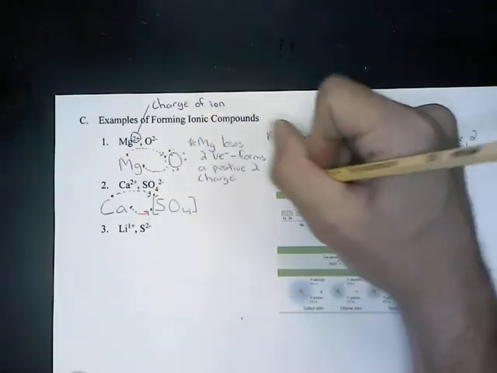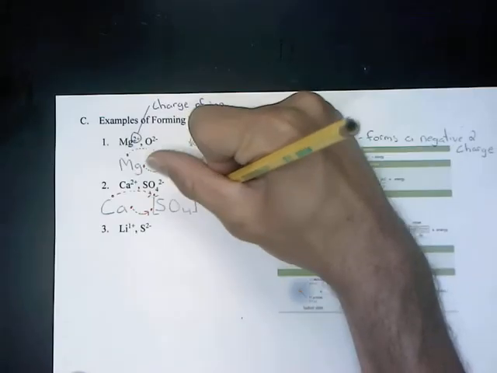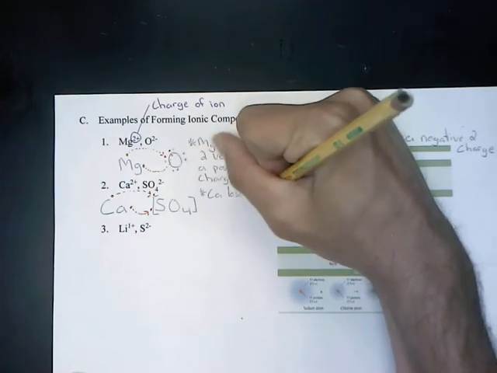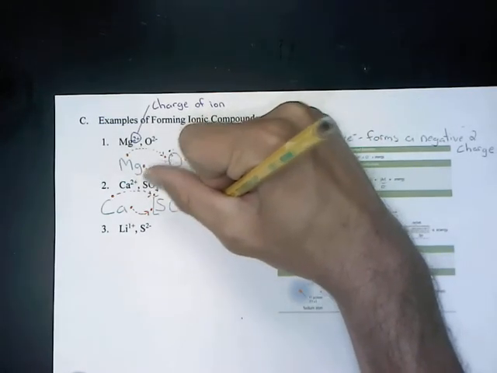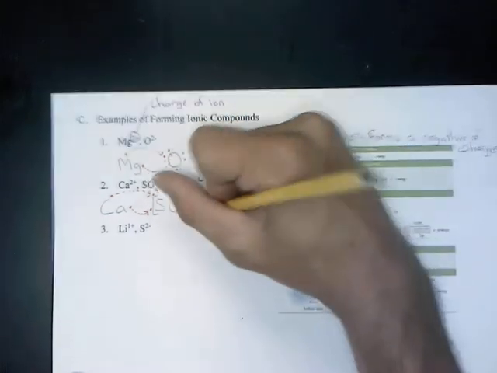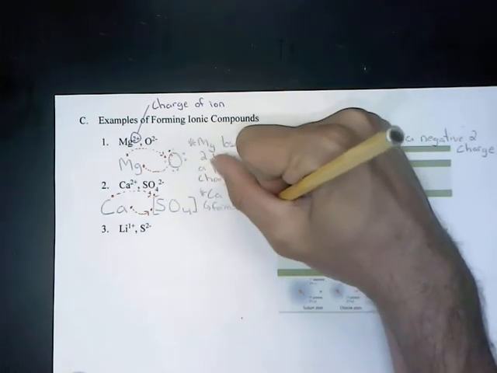Ca loses 2 electrons. So Ca loses 2 valence electrons and forms a +2 charge.